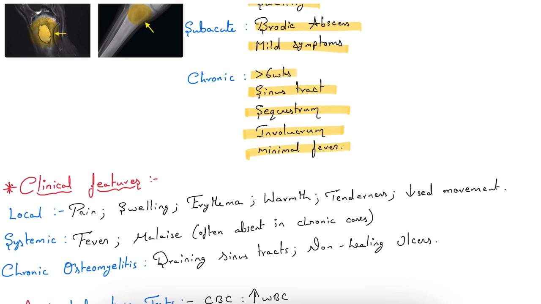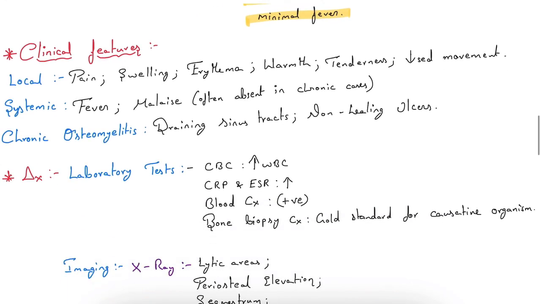Next, what are the clinical features? First, locally we can see pain, swelling and erythema, warmth, tenderness, and decreased range of motion.